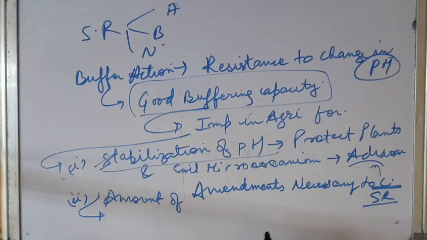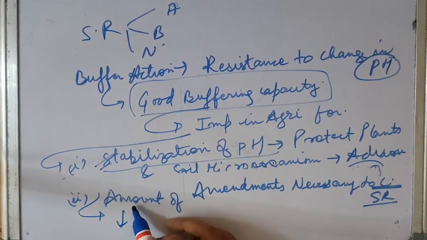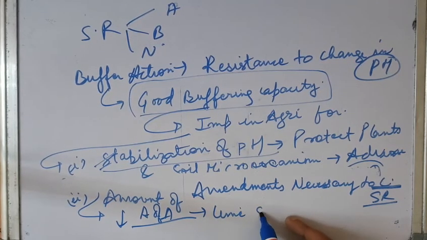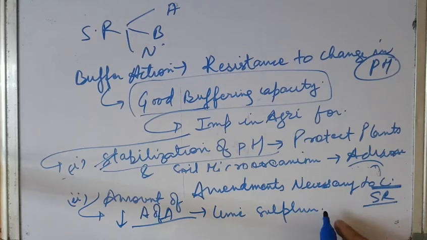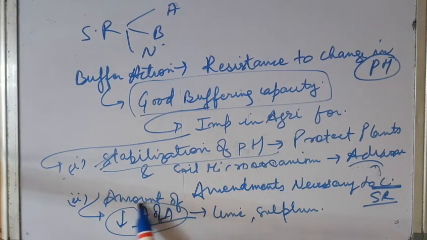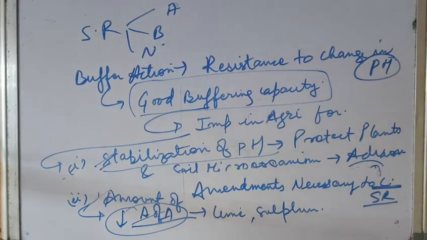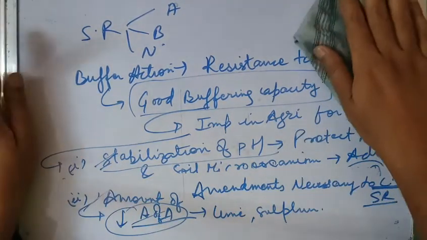When we have greater buffering capacity, we need smaller amounts of amendments, such as lime and sulfur, to correct acidity or alkalinity. So when we have good buffering capacity, we need fewer amendments. That is where buffering capacity is important. So this was all about soil reaction, and these are the chemical properties of soil.